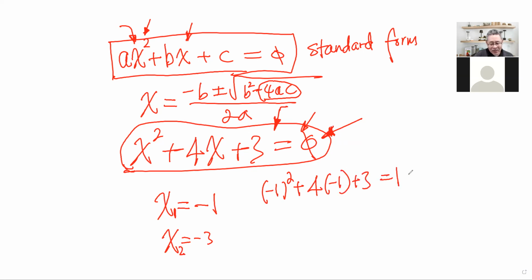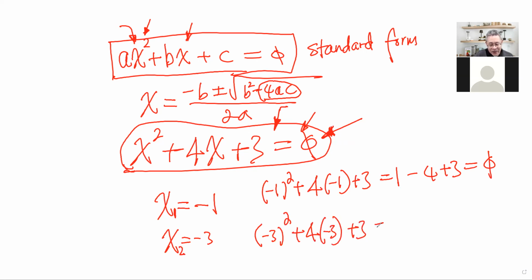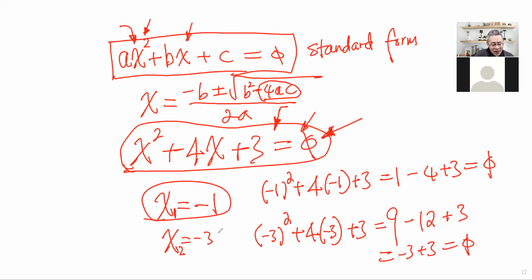Then we get 1 minus 4 plus 3, which is indeed 0, so this is a solution. Another one is -3 squared plus 4 times -3 plus 3, which is 9 minus 12 plus 3. That equals -3 plus 3, which is also 0. So both are solutions to this equation.